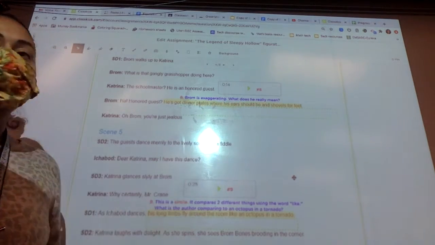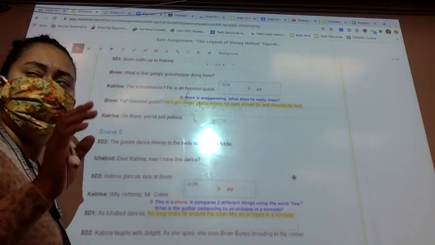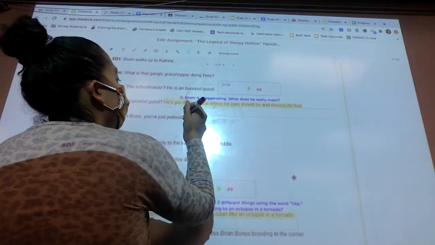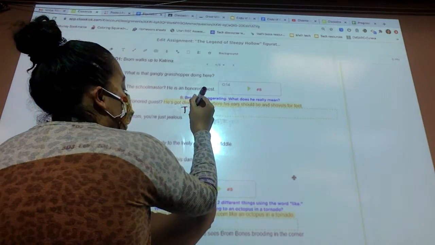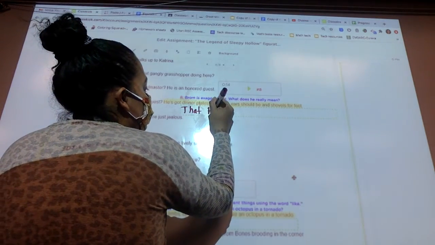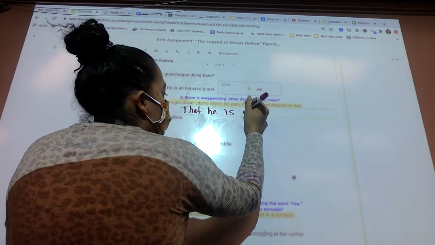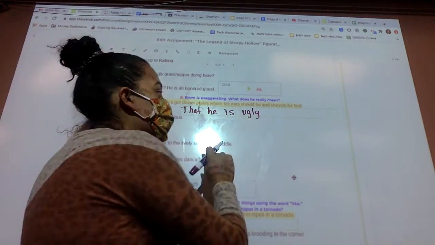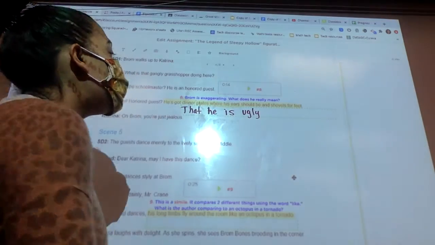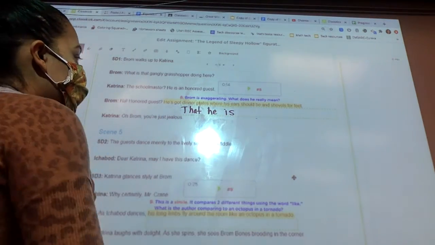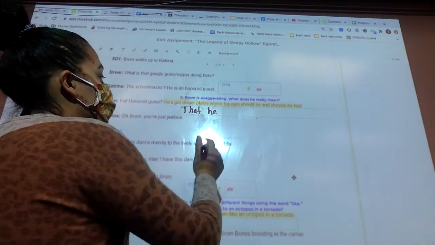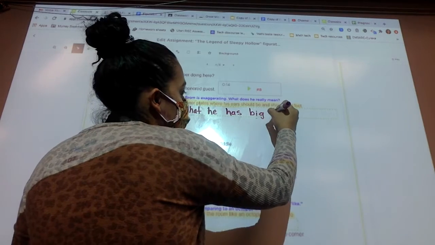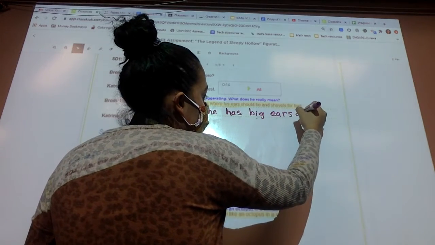What does he really mean? He's got big ears. Ledger? He's got big ears and he's ugly. That's not very nice. No, that he has big ears and big feet. Okay, so that he has big ears and feet.